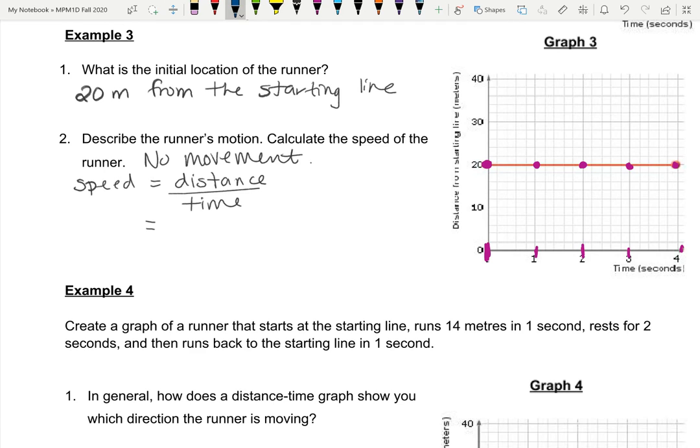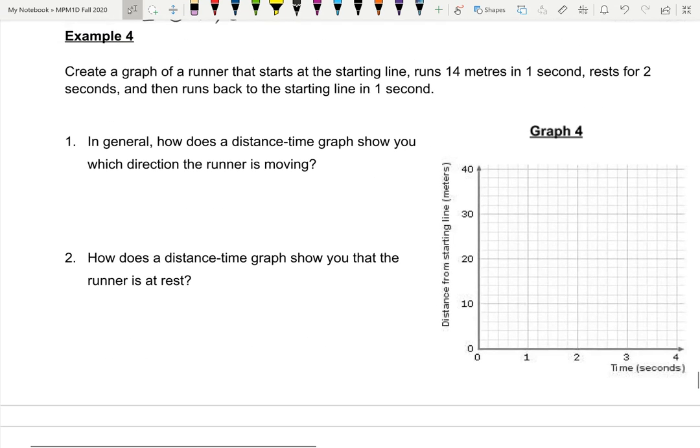It's still 20 meters. So they haven't moved from that place. So they haven't made any distance. So the distance here is 0 meters. They've moved 0 meters in 4 seconds. 0 divided by anything is 0. And then I'm going to take my numerator units per my denominator units. And that's it.